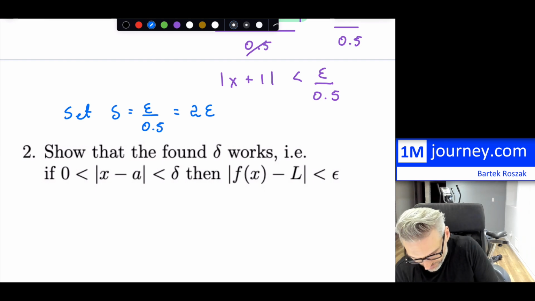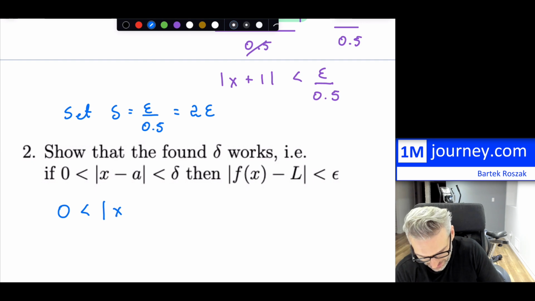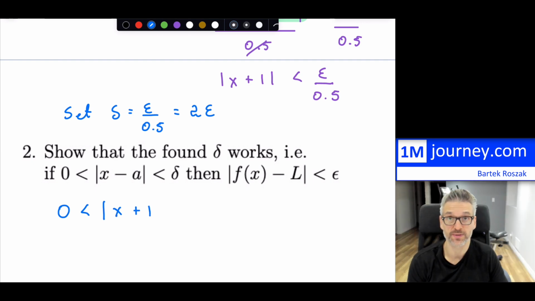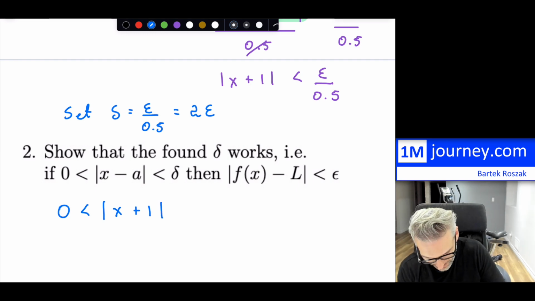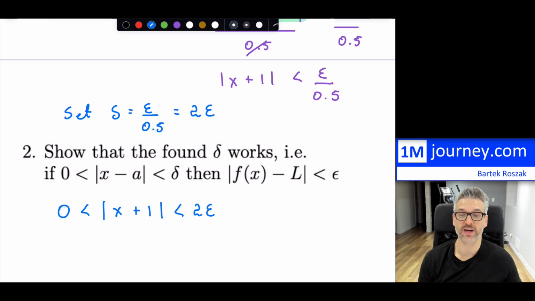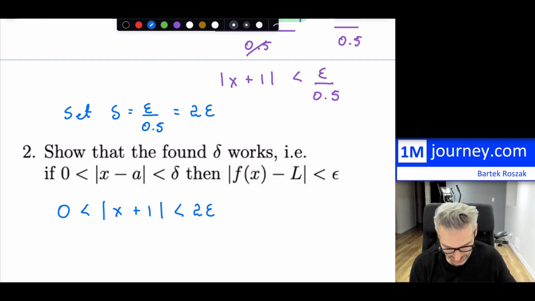So now you set, all right, so we want to have this, which is going to be our x, now minus a, which was really plus 1, right? Because it's a negative and a negative. And now we've set our delta. So if you write epsilon over 0.5 or 2 epsilon, so we'll make the epsilon twice as big for the delta.